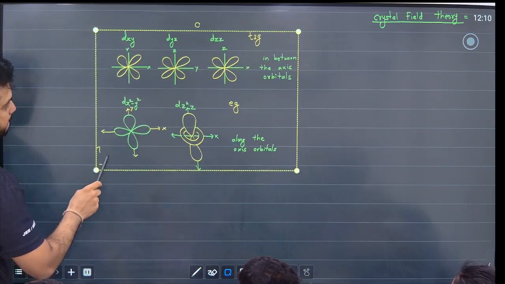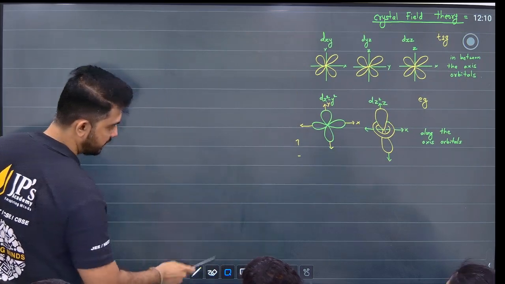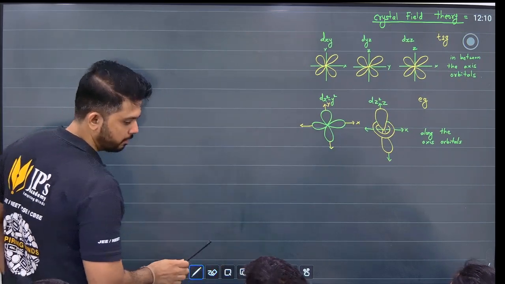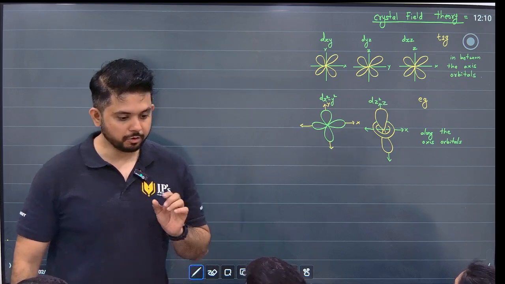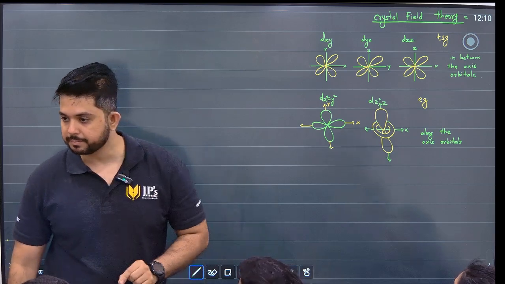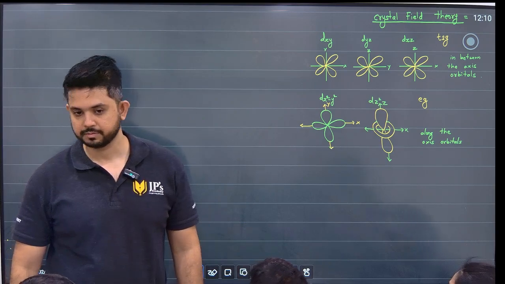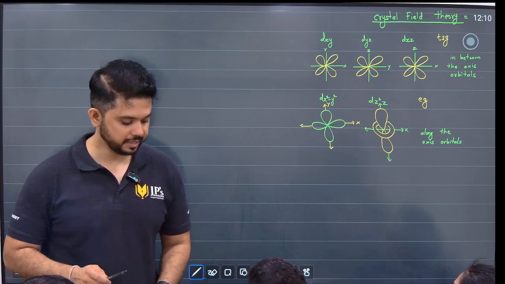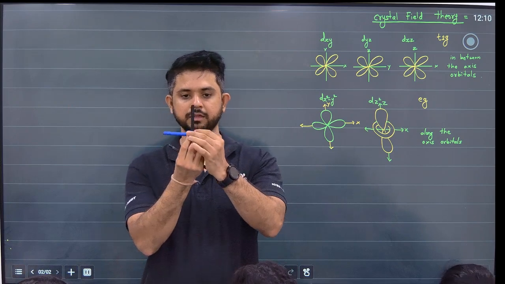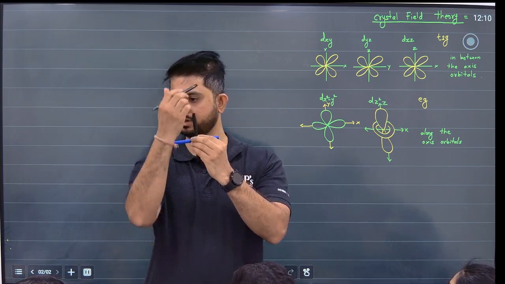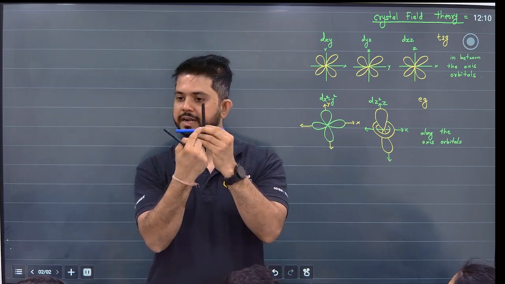Now, why are we drawing these shapes? Because ligands form coordinate bonds with the central metal atom. These coordinate bonds are formed with the central metal atom along the axis. What's happening is, let's say there is an x axis and a y axis, and this is your ligand. The ligand wants to form a bond with the central metal atom.